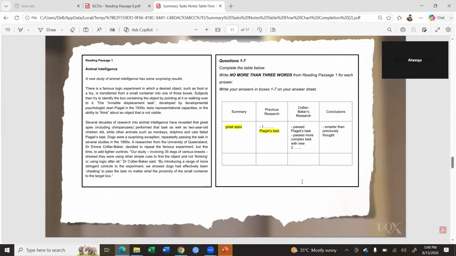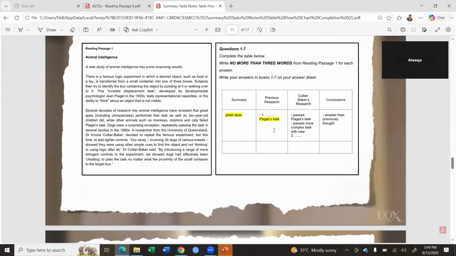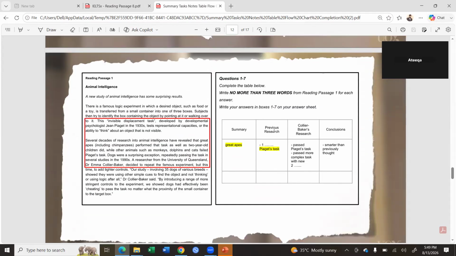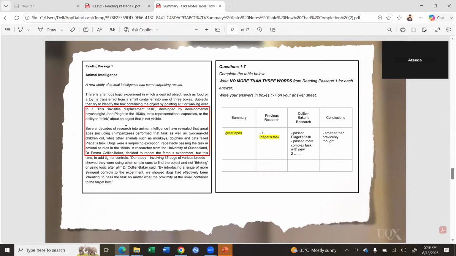Now, you have to highlight and underline the things for yourself and then try to solve the question. Now, this section, which you highlighted here, is your answer. So this invisible displacement task, if you can read it here, from here till here, you will find the answer to Piaget's task. So read it and then tell me what is the answer.